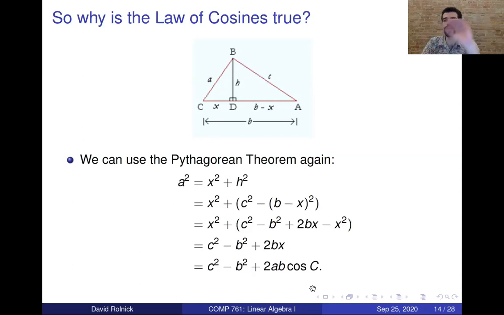There is another definition that we will see with Taylor series, but for our purposes now, all we need to know is that cosine of angle C is x over a, and sine of angle C is h over a. But the sine and cosine functions are very fundamental in math, and they have many different definitions and motivations.